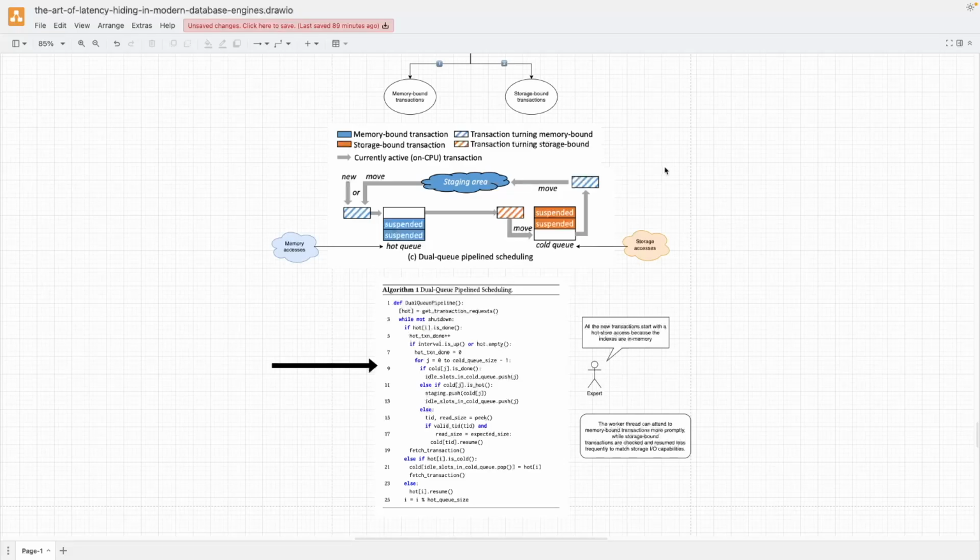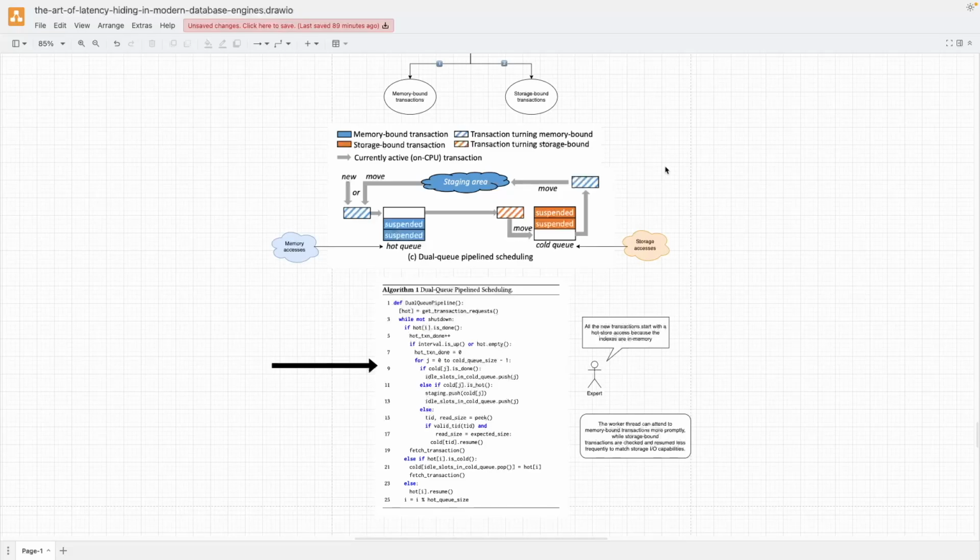But the trade-off there is of oversubscribing the CPU, which is creating too many OS threads for too few CPU cores. And this is a very interesting point because many database engines actually do this today. They have these threads called background IO threads. So these are background threads which are only meant for IO transactions. They are only meant for transactions which are accessing your SSDs.